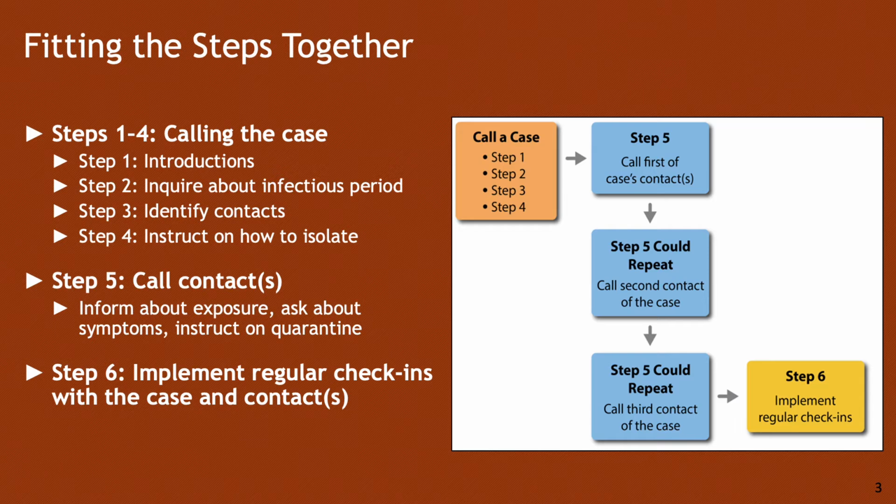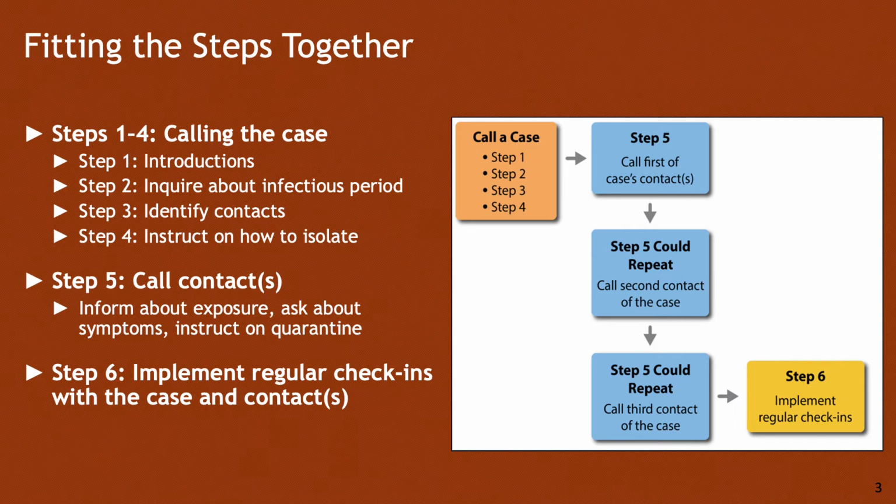And then step 5, again, starting to talk to the contacts, informing them about the fact that they've been exposed, asking them about their symptoms, offering them help and support regarding quarantine and quarantining issues. And then finally, step 6, regular check-ins with your cases and your contacts.